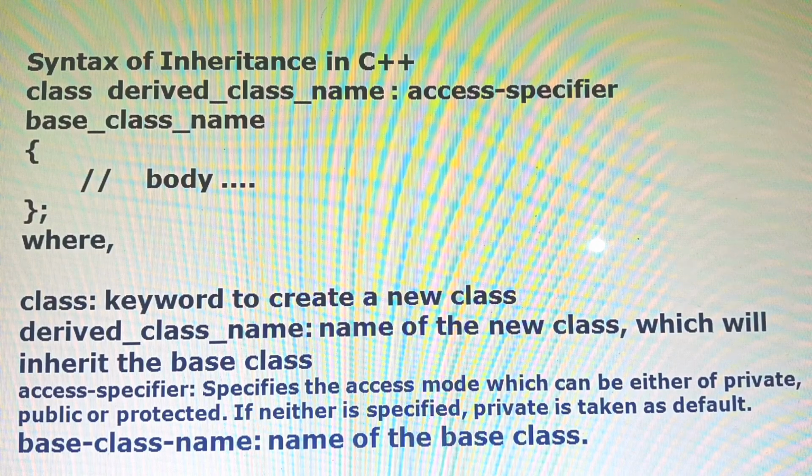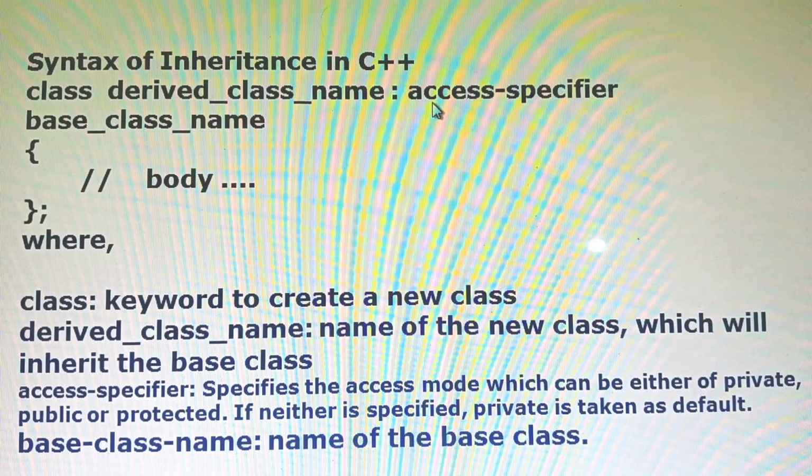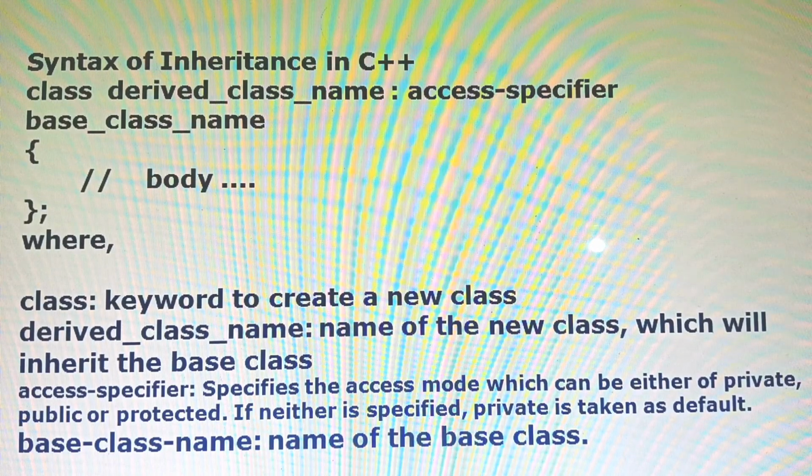So write class dog colon access specifier, that means private, public or protected. You have to give the access specifier public, then only we can access it in the child classes. Then give the base class name, which is animal. Then give the body of the class. This is the common syntax of inheritance.